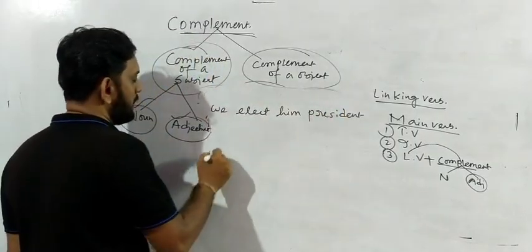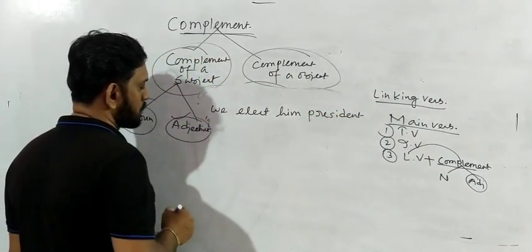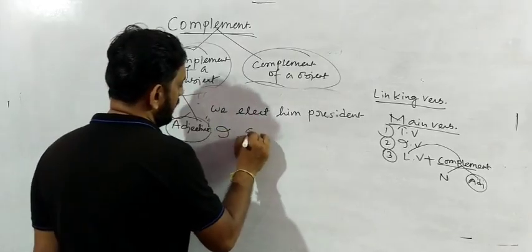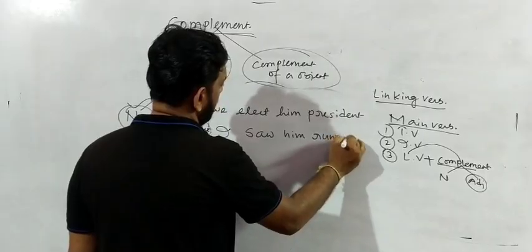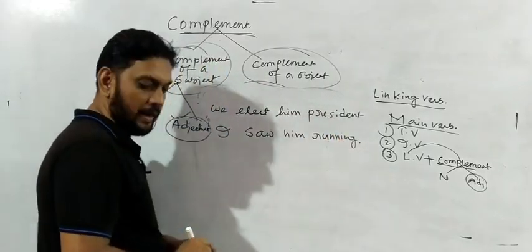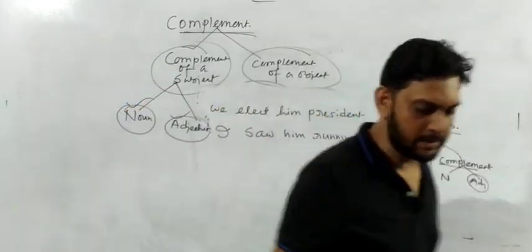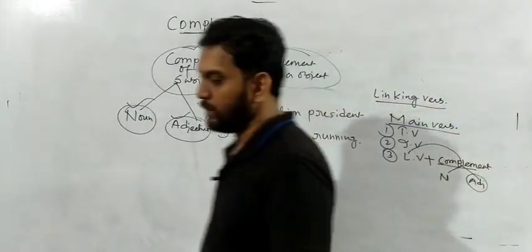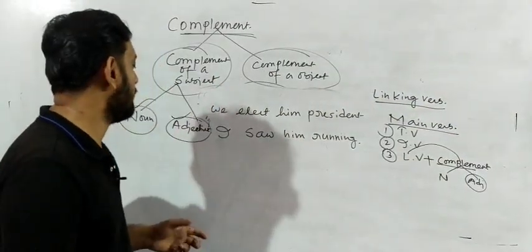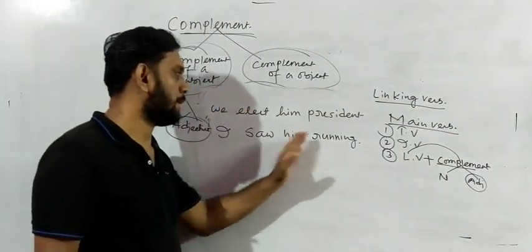Second sentence you can write: I saw him running. Okay my friend, let me check whether my writing is visible properly. So now the sentences written over here are: we elect him president, I saw him running.